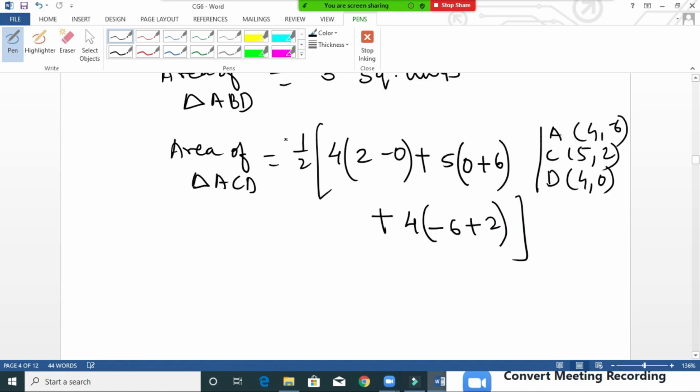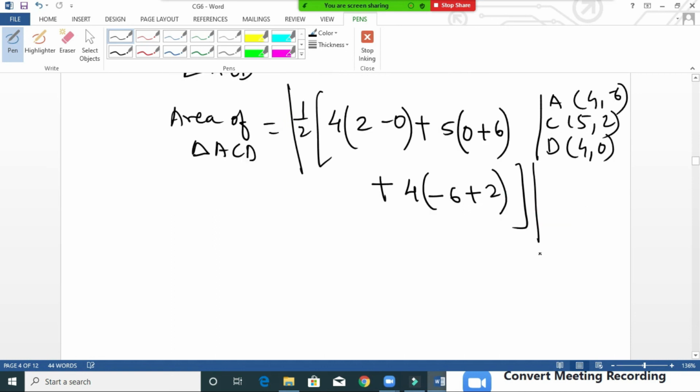So that is equal to, we also put this in modulus sign because we may get a negative value. So to avoid this, use modulus sign. So inside the mod, half into 4 into 2, 2 minus 0 is 2, plus 5 into 6, plus 4 into minus 4.